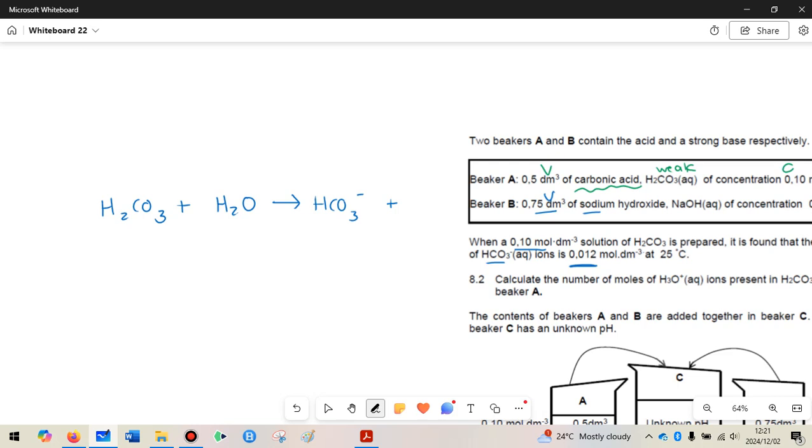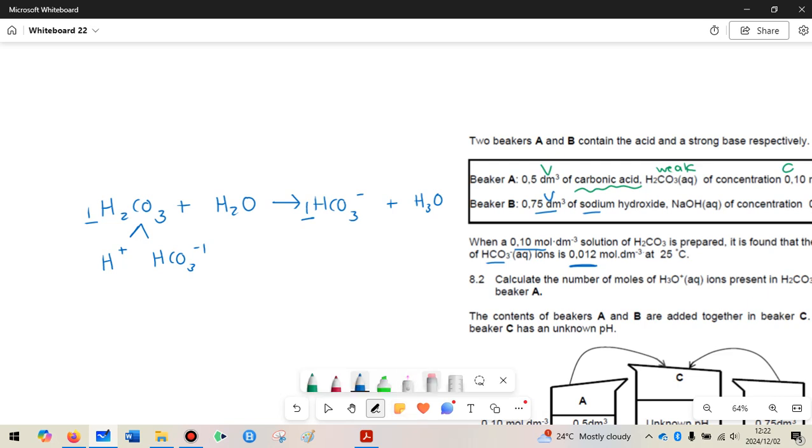This will break up in 2 steps, but they're just saying, look, don't lose both hydrogens. We'll lose one hydrogen. So it's still a 1-to-1 ratio, even though it's diprotic, because they're probably going to do this in 2 steps. But we're only looking at the first step, I should rather say. So it's forming hydrogen carbonate ions, and it's a 1-to-1 ratio.